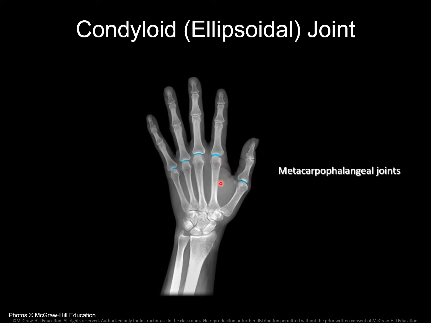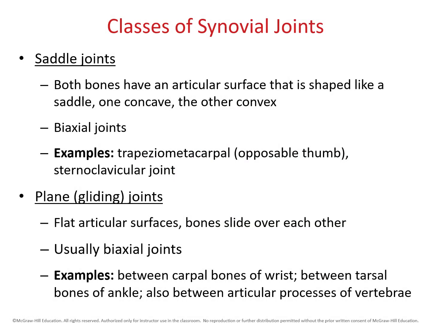You can see that one bone, the phalanges, is going to have a concave shape at the end of the bone, where the metacarpals will have this complementary ending, which fits perfectly into those phalangeal ends. Metacarpophalangeal. Remember, you want to know what specific joints belong in which class.